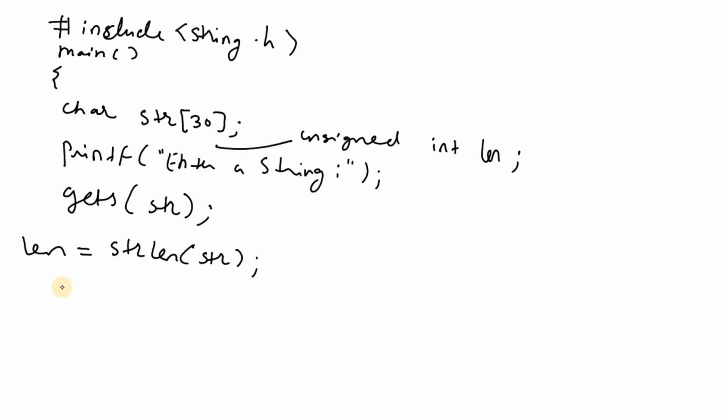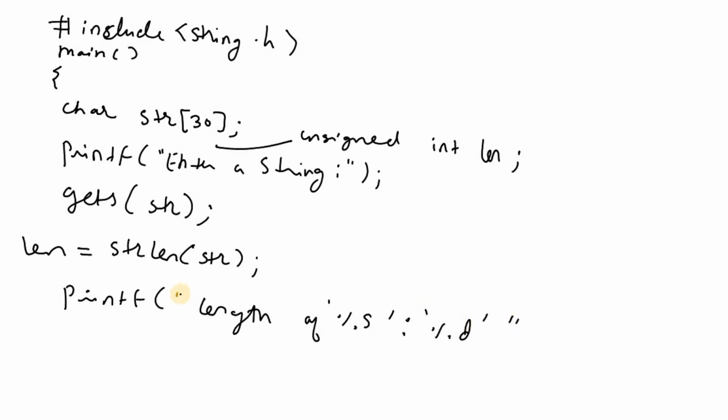What do we write in printf? Here in printf, "length of '%s'", we write %s in single quotation, and %d also in single quotation.